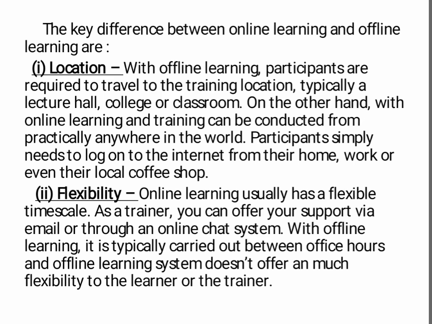And the next is flexibility. Online learning usually has a flexible time scale. As a trainer, you can offer your support via email or through an online chat system. Offline learning is typically carried out between office hours, and the offline learning system does not offer as much flexibility to the learner or the trainer.